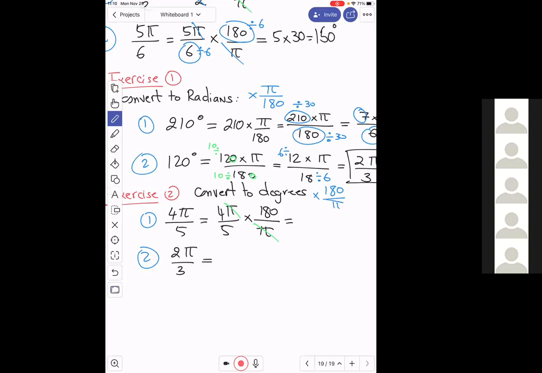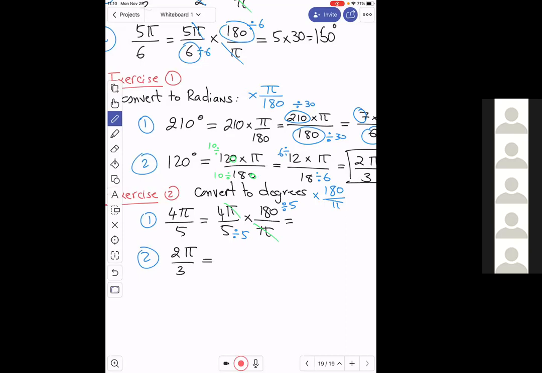So you can divide this 180 by 5. 180 divided by 5 is equal to 36. Sorry, I said 16, it's 36.